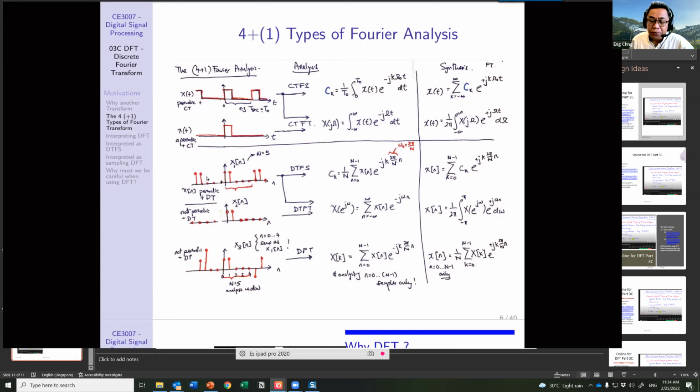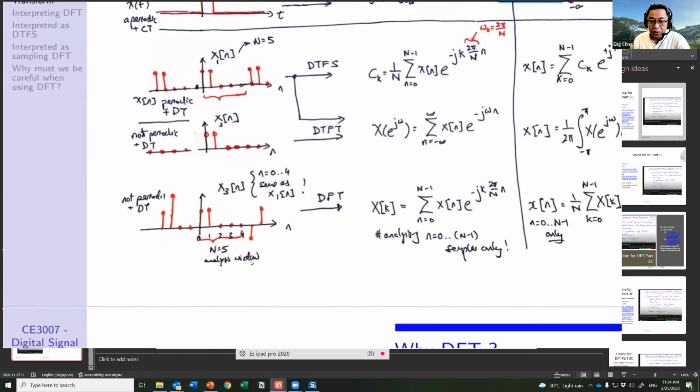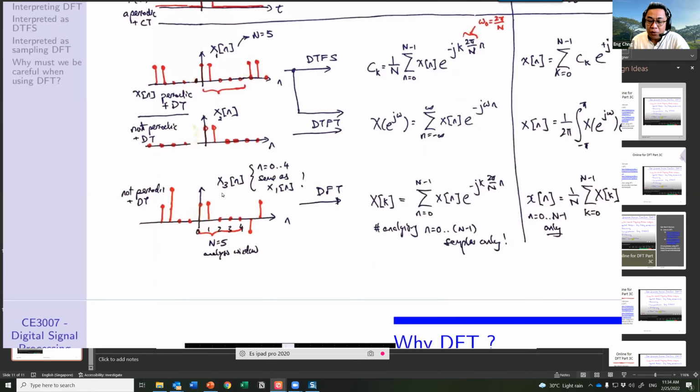So if we have periodic signal and we have non-periodic signal, there's nothing else. Well, actually there is. In a particular sequence, if we look at only 5 points and not look at the thing outside, then aren't these 5 points the same as these 5 points and these 5 points?